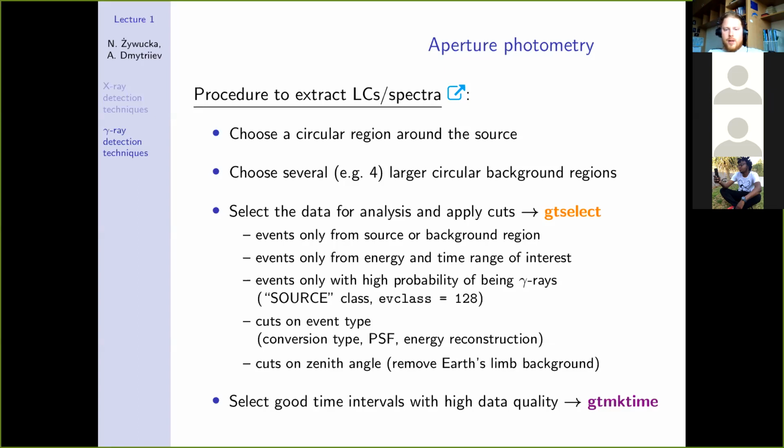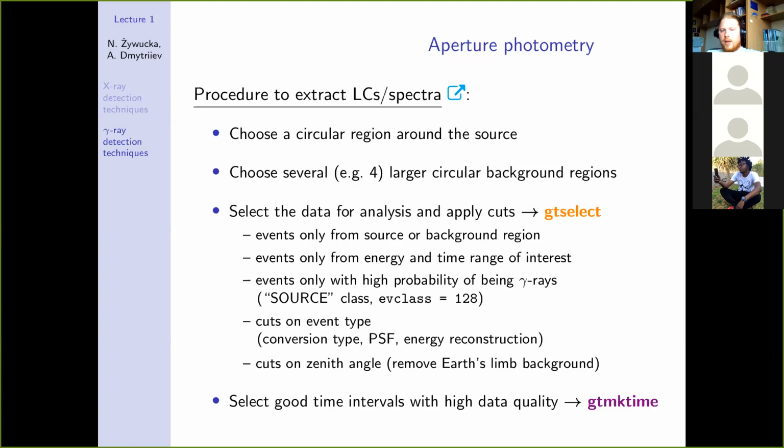There are three subtypes of the event, depending on the conversion type and on the PSF type, because the PSF depends on the energy. At low energy, the point spread function is much greater, so you've got much poorer angular resolution, and also energy reconstruction, the way the energy was reconstructed.